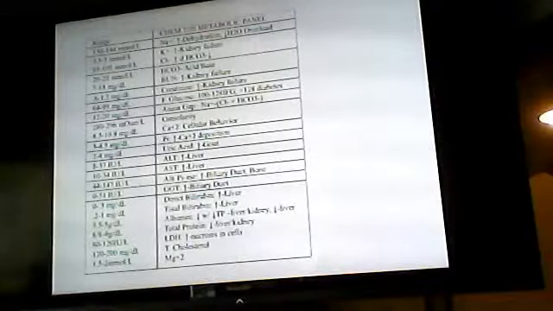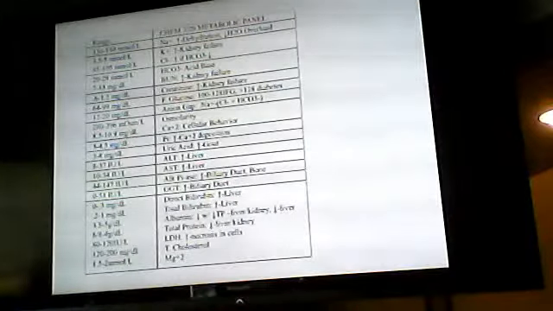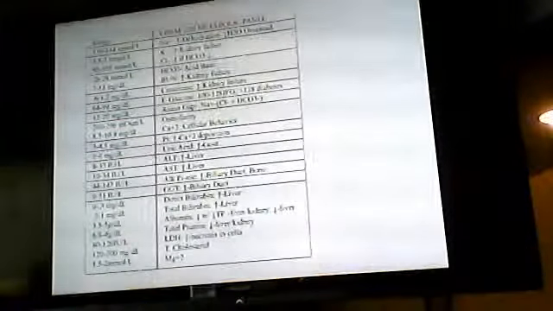Albumin levels can be low if total protein is also low. That could be a kidney or liver problem. And if it's just albumin that is low, that's just a liver problem. And total protein can be a liver or a kidney problem. LDH can relate to cellular necrosis.